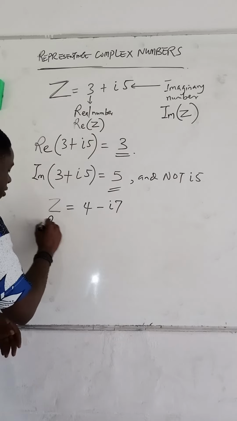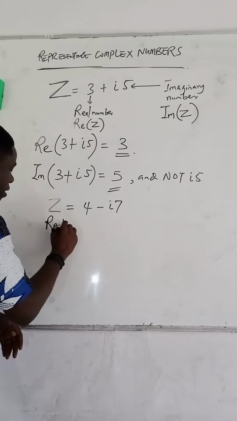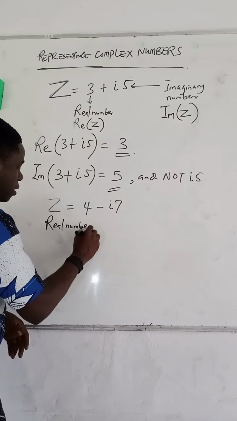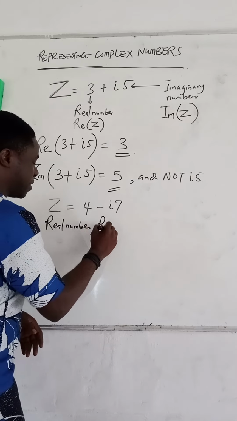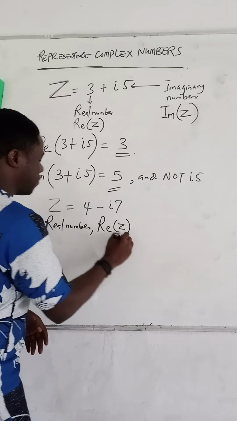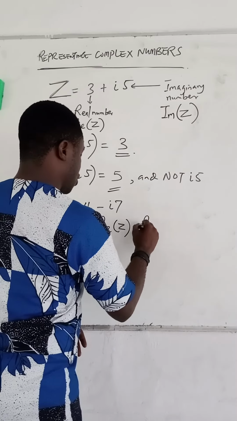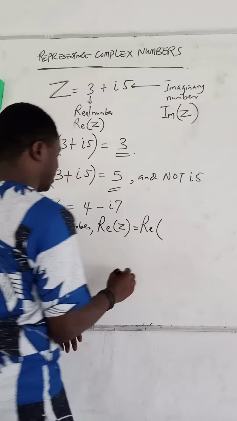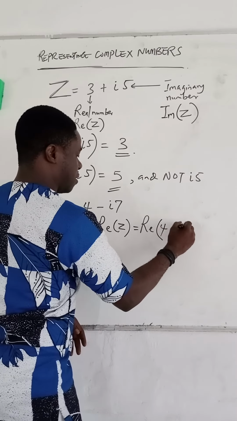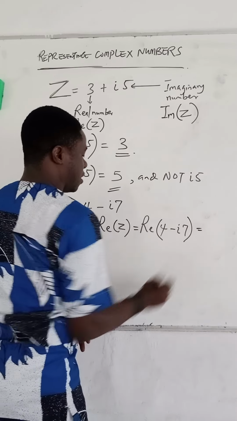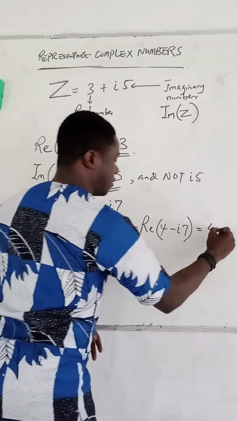Here, the real number of this complex number, which is represented like this, you can also represent it like this. The real number part is 4.